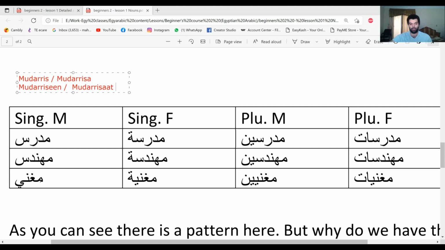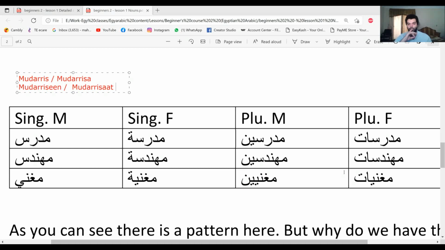Okay, the third example is mughanni. Mughanni means singer, someone who sings, like Amr Diab, for example. For female, we say mughanniya, same pattern, and then mughanniyin for males, and mughanniyat for females. So I hope you get the pattern here. For singular female, we put ta marbuta.